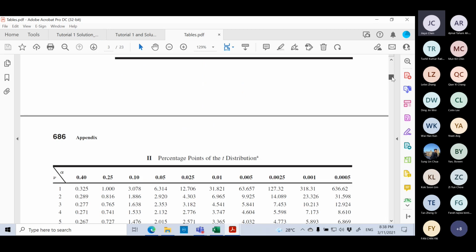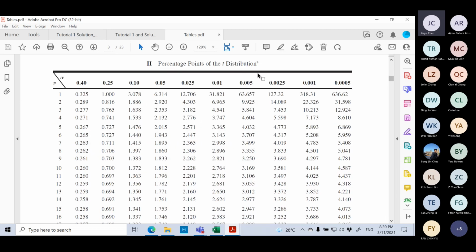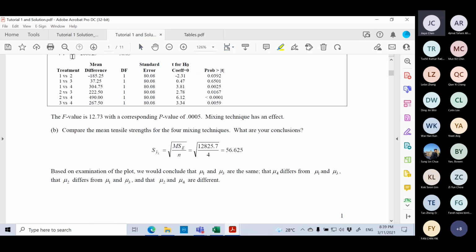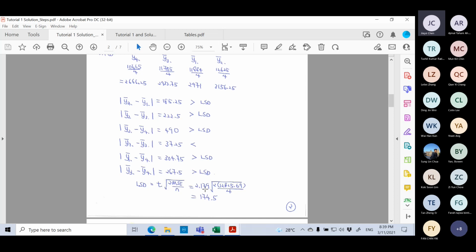If you don't have the table, then of course you can use R code to get the critical value for t given the alpha here. So under the t table is the t distribution table. This value is called the t value, which is 2.179. If you refer to the t value here, of course you need to know the degrees of freedom.